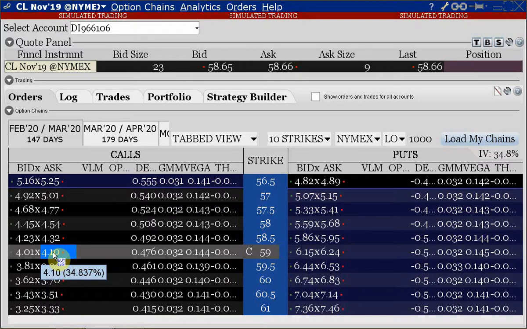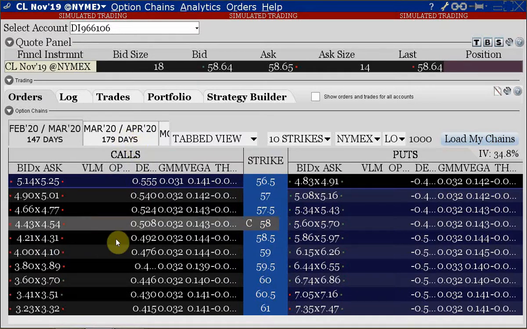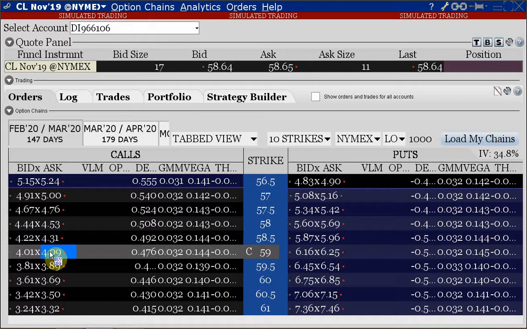I can decide to buy at 4.10, which means I place a market order, or I can decide to buy with a limit order at a price more favorable than the current market. So I may place a limit order to buy this option, the 59 call for March, April 2020. The price now is 4.09.